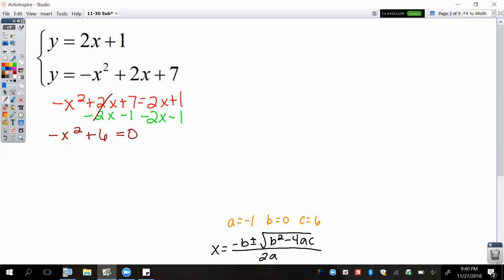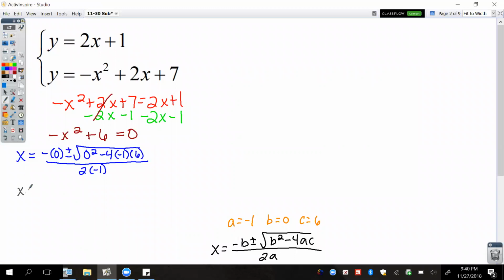And I want to come up here and now plug this in. So x equals negative 0 plus or minus the square root of 0 squared minus 4 times a, which is negative 1, times 6. All of this is over 2 times negative 1. Well, negative 0 is just 0.